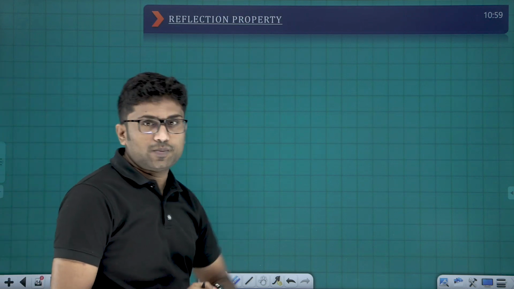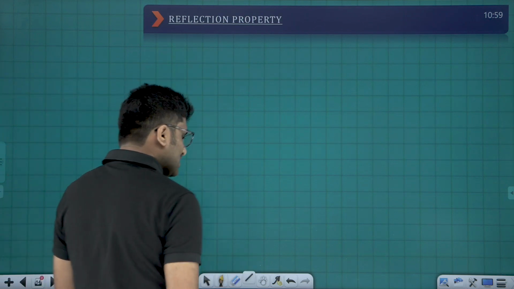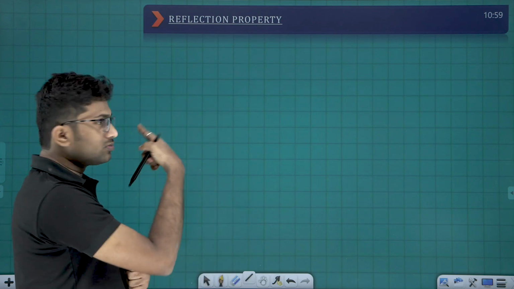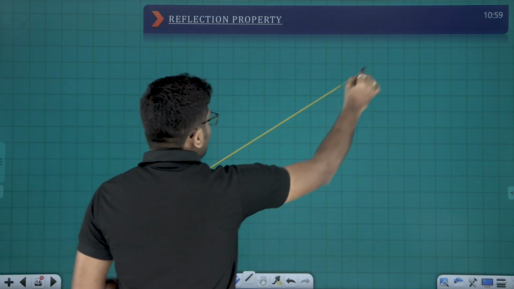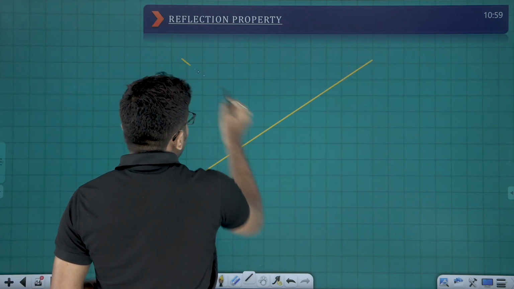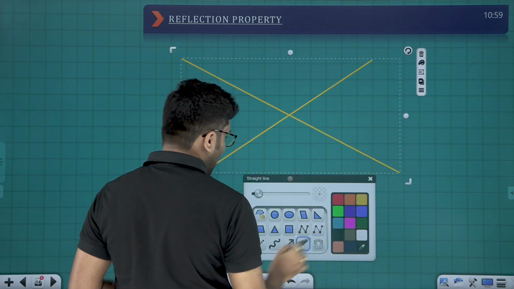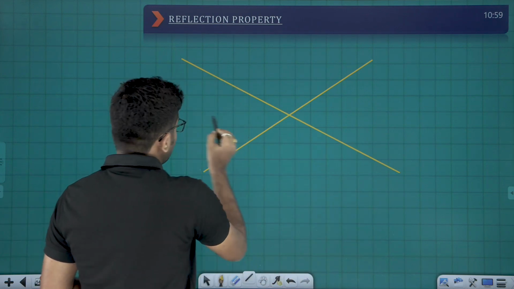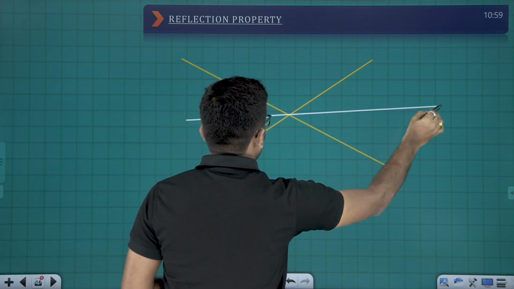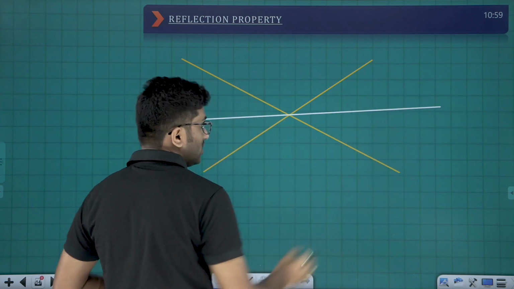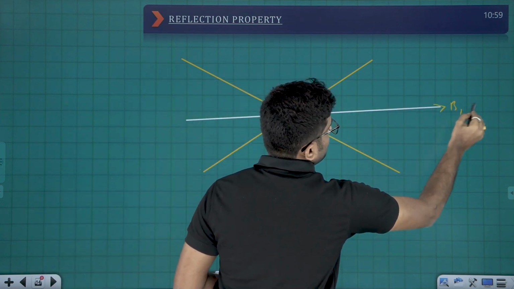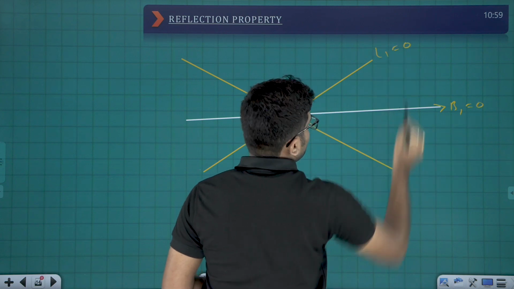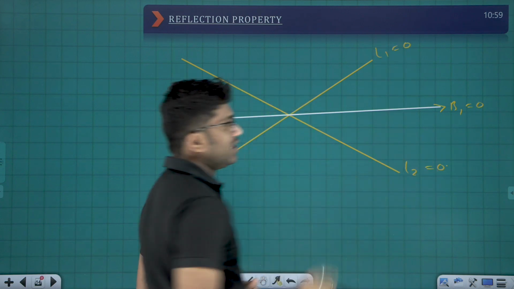Next, the reflection property. The reflection property is similar to these angular bisectors. The most important thing is, friends, suppose we have one bisector, B1 equals 0, and L1 equals 0 and L2 equals 0 are any two lines.